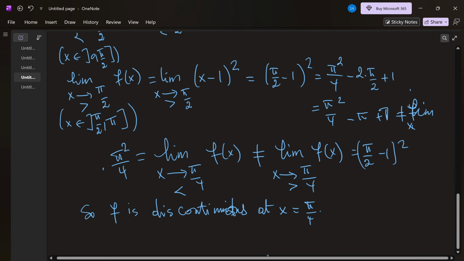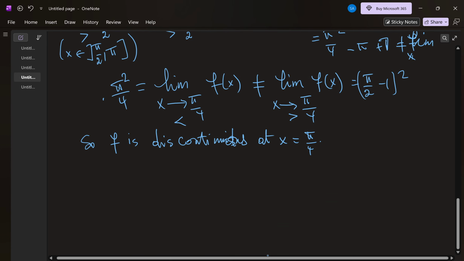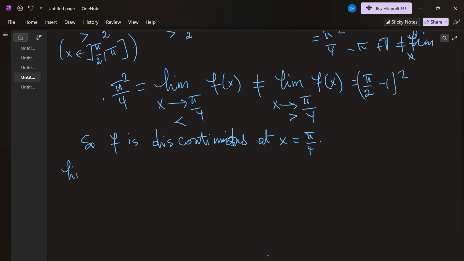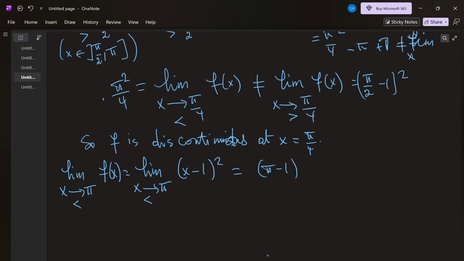Next, the remaining point is the limit when x goes to π, here from the left, because when x approaches π from the right, it is not defined. So the limit of f of x is equal to the limit when x approaches π of x minus 1 all squared, which is equal to π minus 1 all squared, which is equal to f of π in this case.